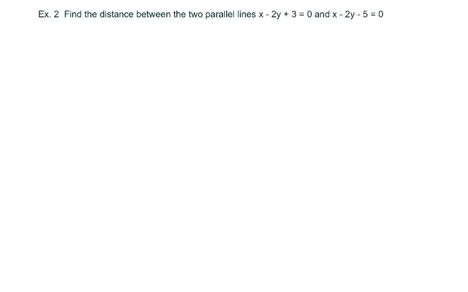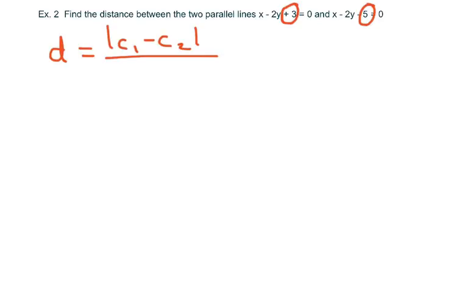next we want to find the distance between 2 parallel lines. So I'm going to use my formula here. These are the only numbers that are different here, my C's. And then my A's are the same and my B's are the same.